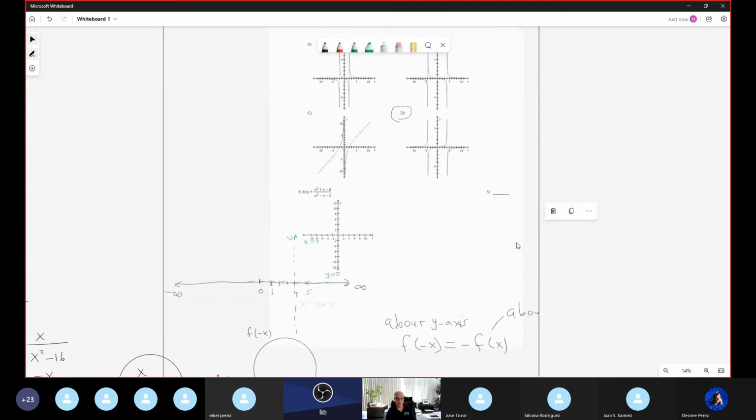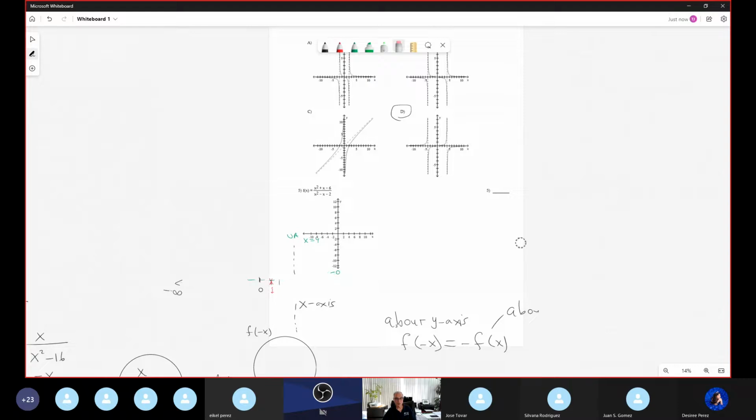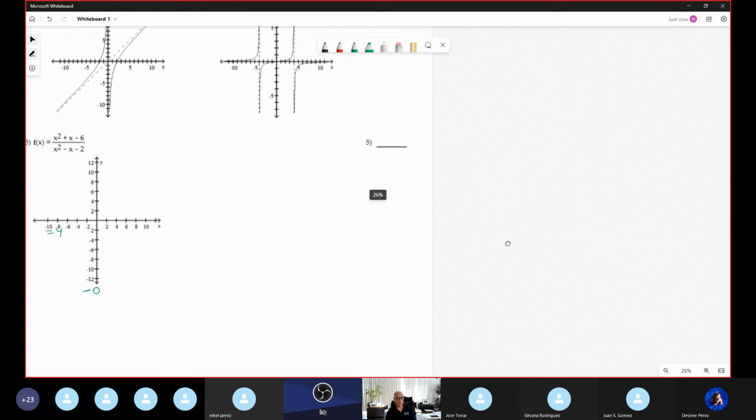Okay, number 5, that page. Let me erase everything here. Okay, we focus on the page number 3 of the package. f of x is equal to x squared plus x minus 6 divided by x squared minus x minus 2.